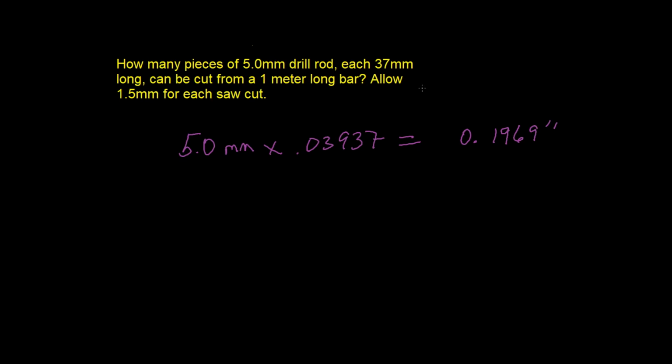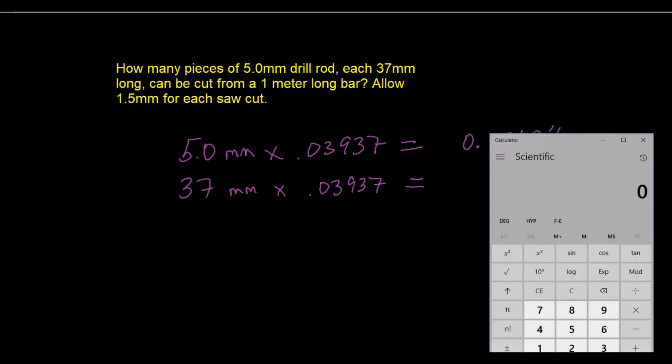And 37 millimeters, say we want to do that, 37 millimeters times 0.03937 is equal to... So let's bring that calculator in real quick and we'll look at these numbers here. 37 millimeters times 0.03937 equals 1.45669 inches.